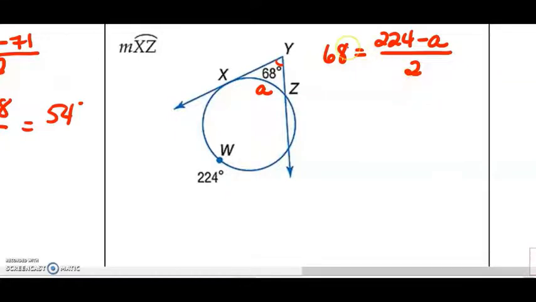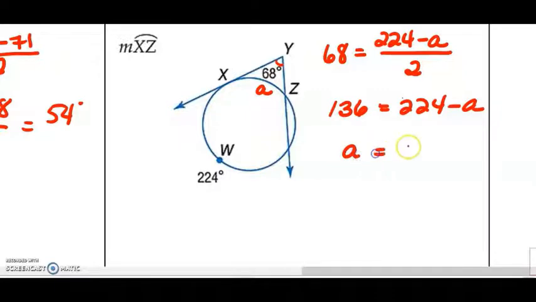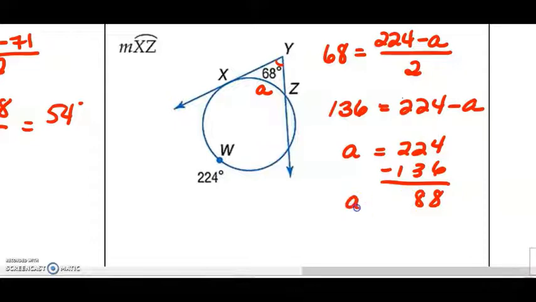To solve for A, I'm going to multiply both sides by 2. I'm going to add A to both sides so that it's positive. And then 224 minus 136 is 88.